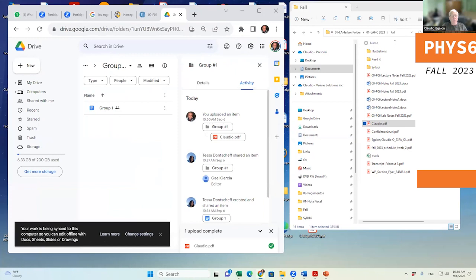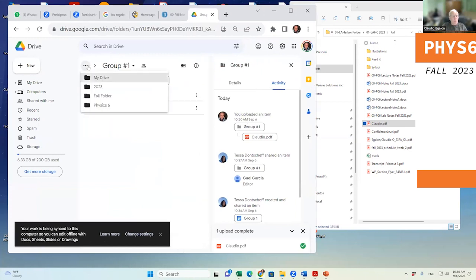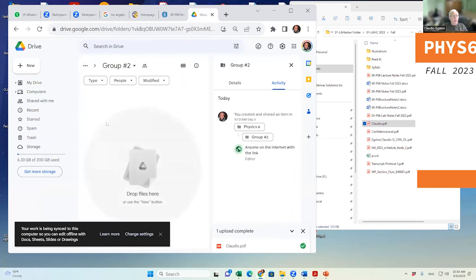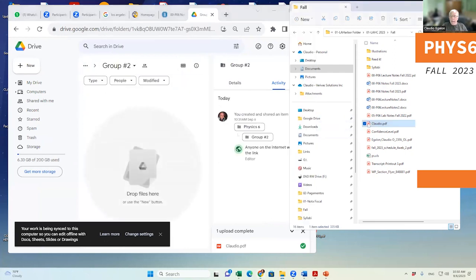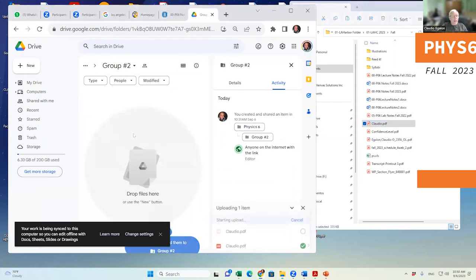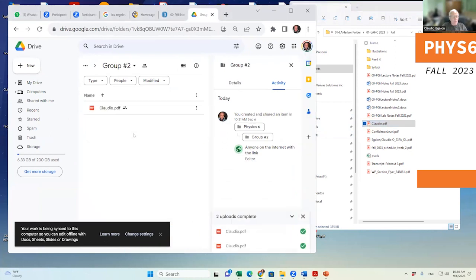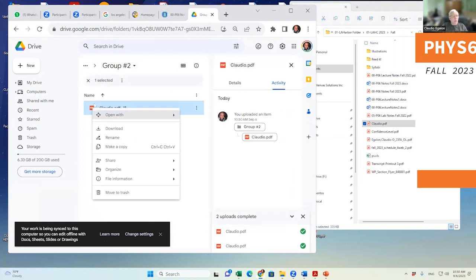Number 2. Click, drag, and drop. Right? It takes some time for it to appear there, right? That's group number 2. I'm doing exactly what I want you to do.